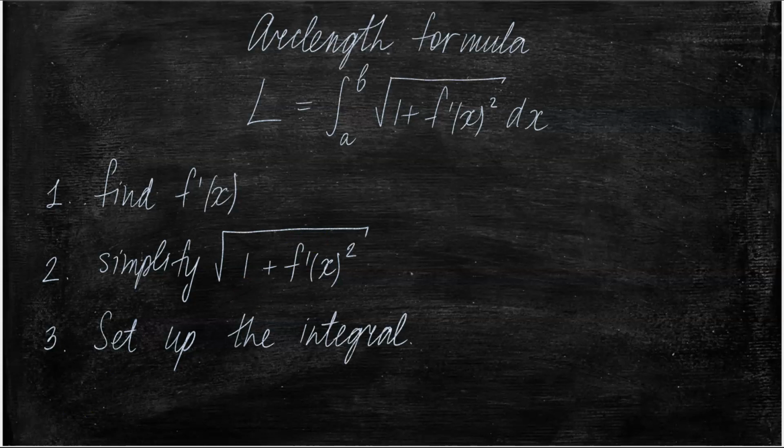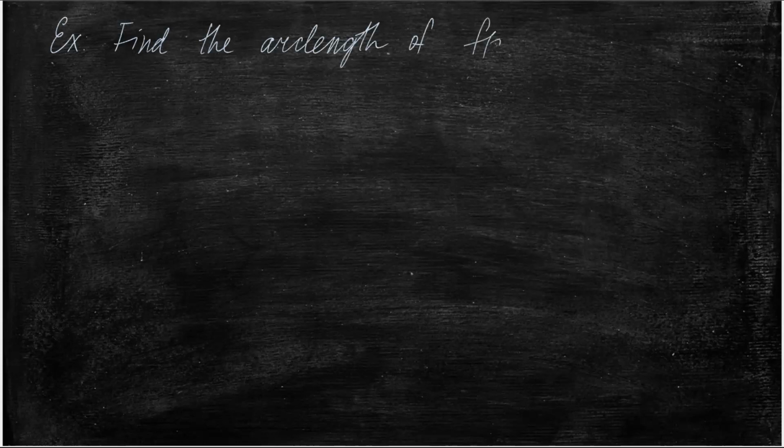So let's go ahead and do an example of that. We'll follow these exact steps. So let's find the arc length of a piece of this function on the interval from -1 to 1.